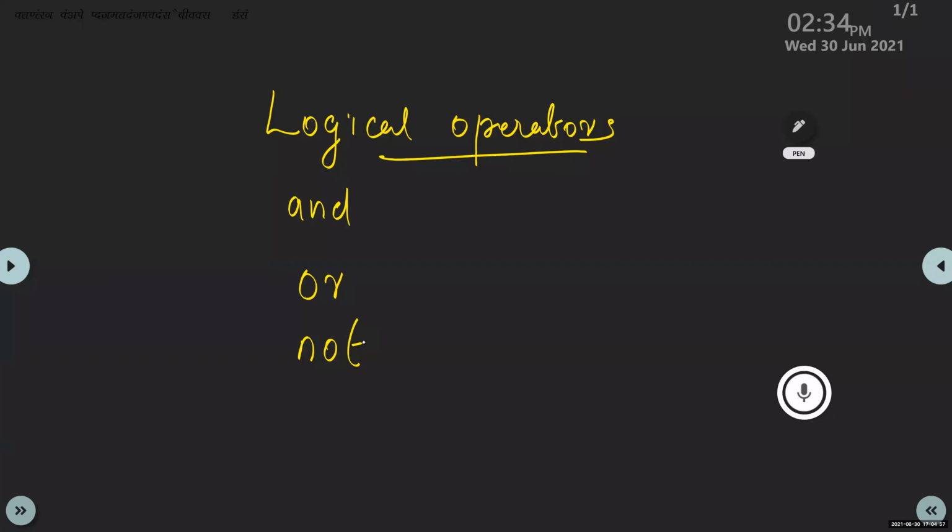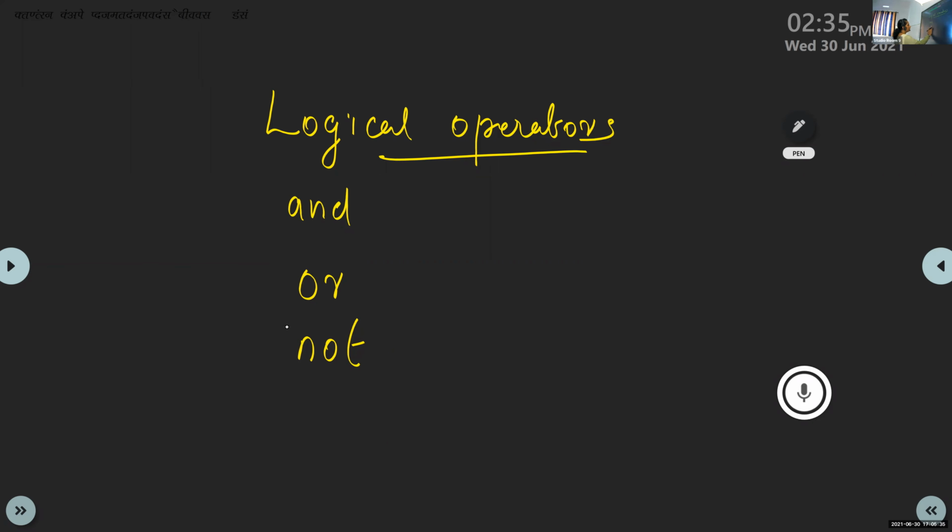Write the definition: if both the operands are true, the result is true. Otherwise, the result is false.